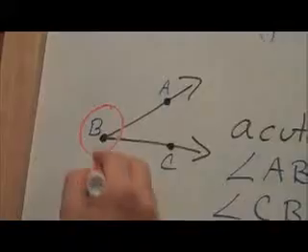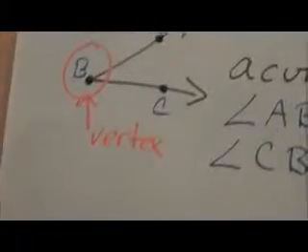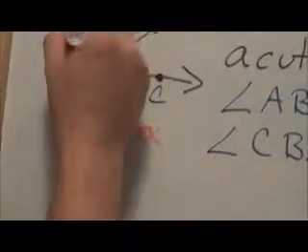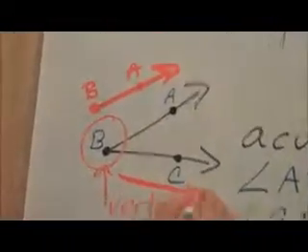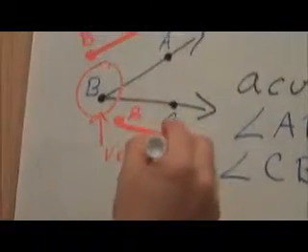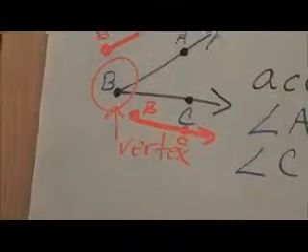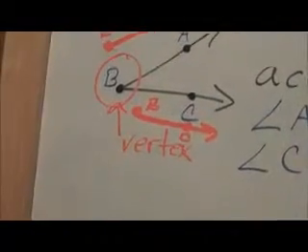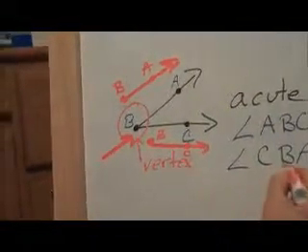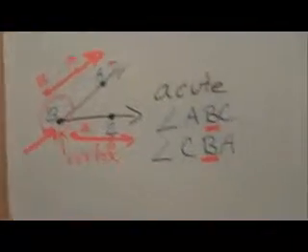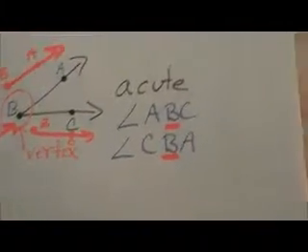B is the vertex, because I've got a ray BA on this side, and I've got a ray BC on this side. When you put two rays together, you end up getting an angle. Where the rays start is called the vertex. Notice that this is in the center of my angle. Thus, when you write your angles, B will be in the center when you name them.